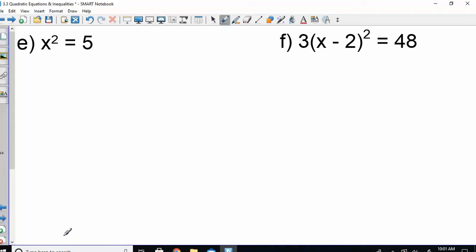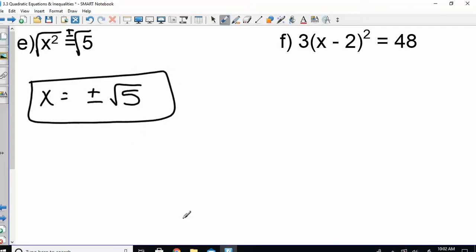And I have that x squared on the side by itself. There are no other x's in the problem. What is the opposite of a square? Square root. If you need to add a square root, what else do you have to put with it? So I get x equals a positive or negative square root of 5. Can we break down the square root of 5? Nope. So that's our answer. So sometimes it's really easy just to go ahead and square root to solve.